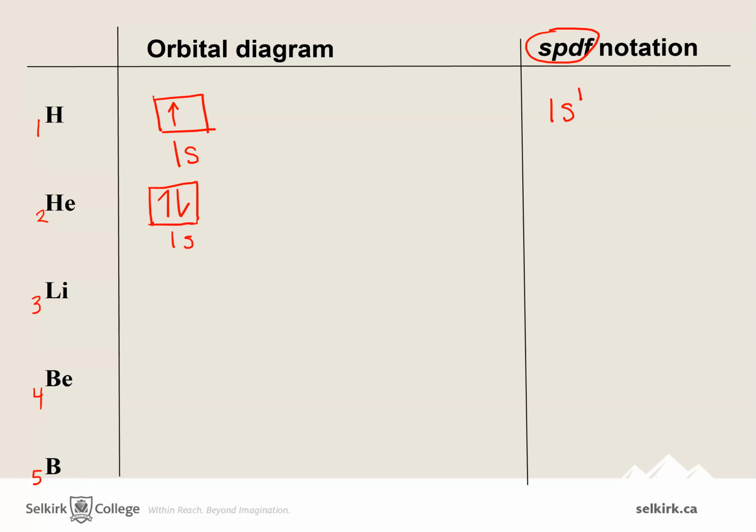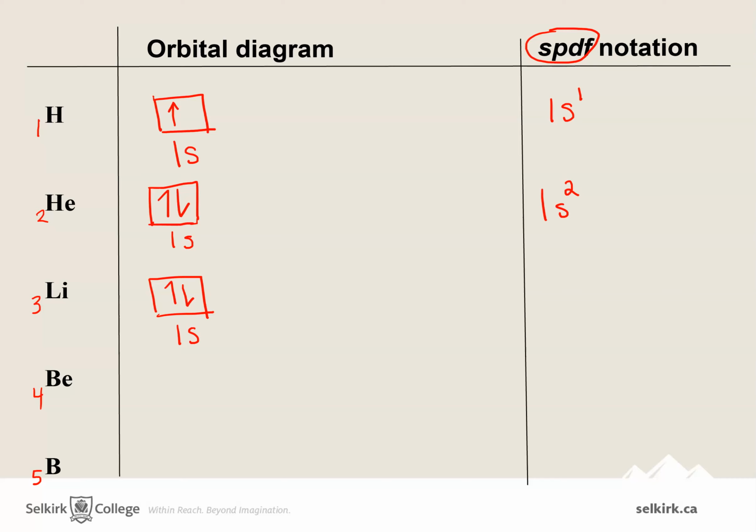The SPDF notation: 1s2. On to lithium, 3 electrons. The 1s will hold 2, but now that orbital is full.